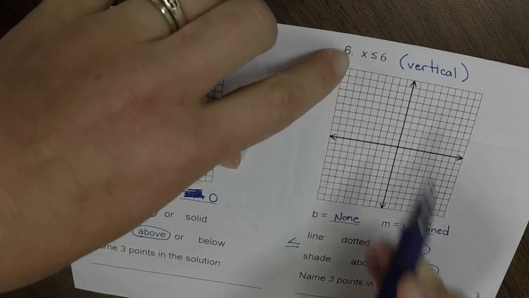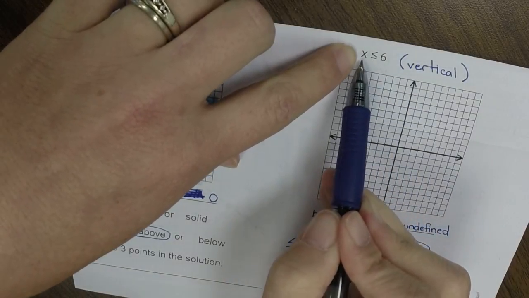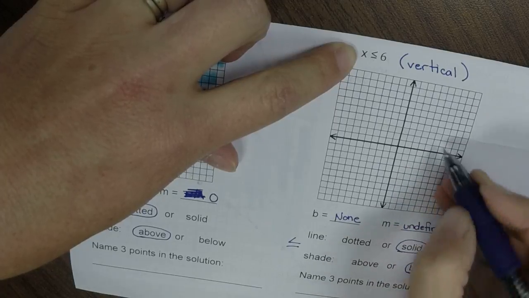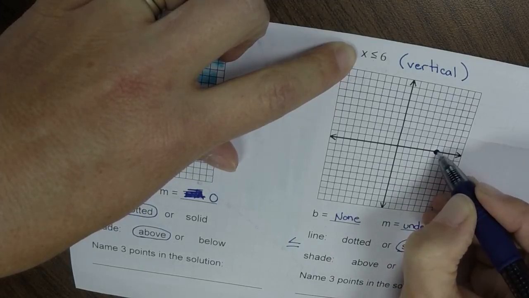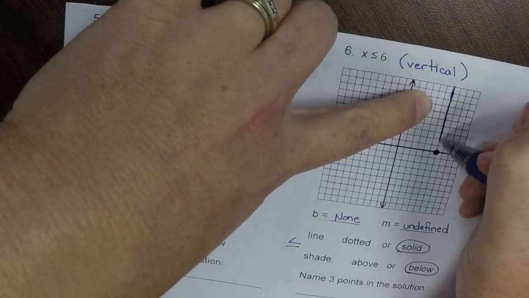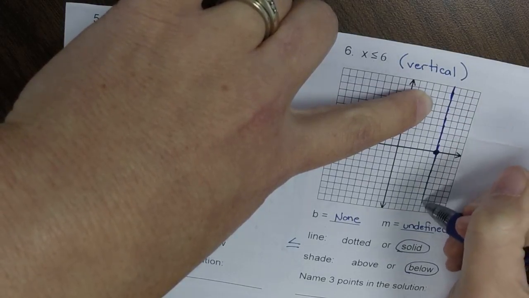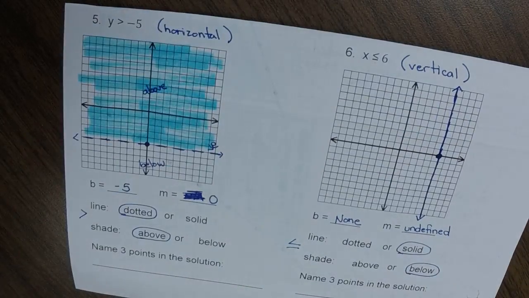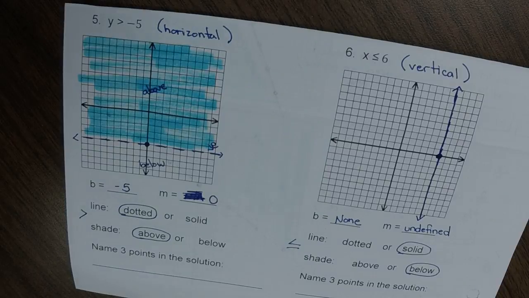So we need to draw a vertical line through x equals 6. So 1, 2, 3, 4, 5, 6. We would put our dot at 6. This time it is a solid line, so I could go ahead and draw a solid line down through 6. But this is where it gets complicated, because you really can't put the guy on the slide either way, because he's literally just going to fall straight down.